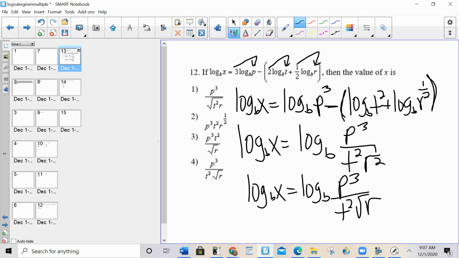It wants to know what x is, so I can just drop the log base off. And x equals p cubed over t squared rad r. And that's your answer, choice 4.